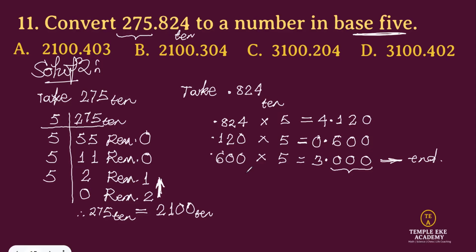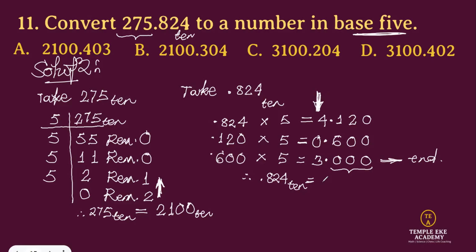And it means, therefore, the decimal part 0.824, originally in base 10, has been successfully converted, with the whole number parts written from top to bottom. Yes, from top to bottom.